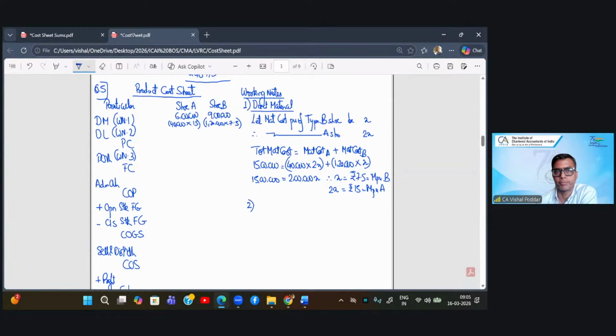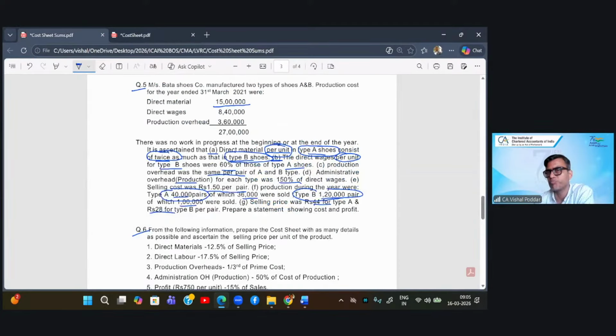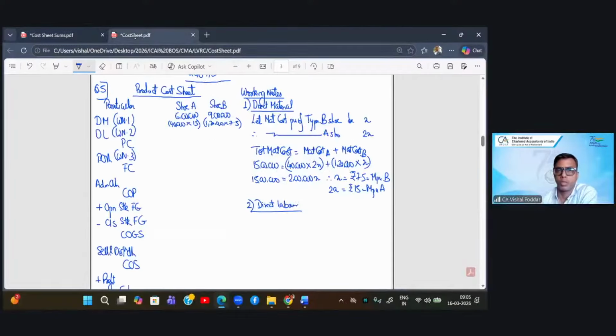Correct, students? Second, similar working we'll do for direct labor. Now, what is given in the question for direct labor? Now I'm reading B. The direct wages per unit for type B is how much? It is 60% of type A. So let the direct labor cost per unit of type A shoe be Y. Therefore, the direct labor cost of type B shoe will be how much?